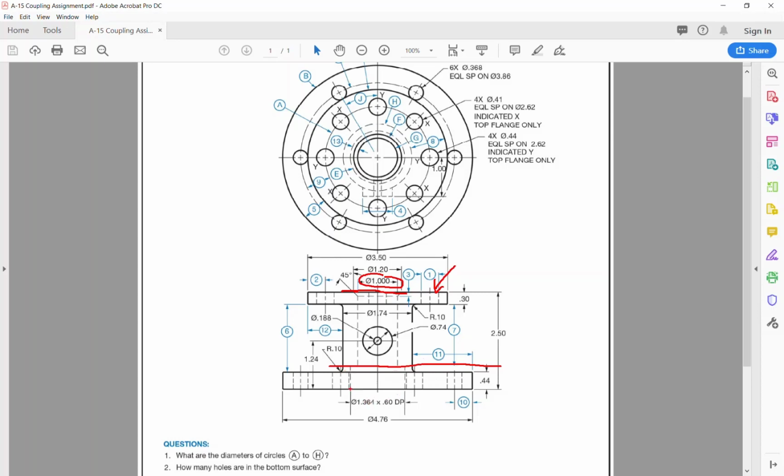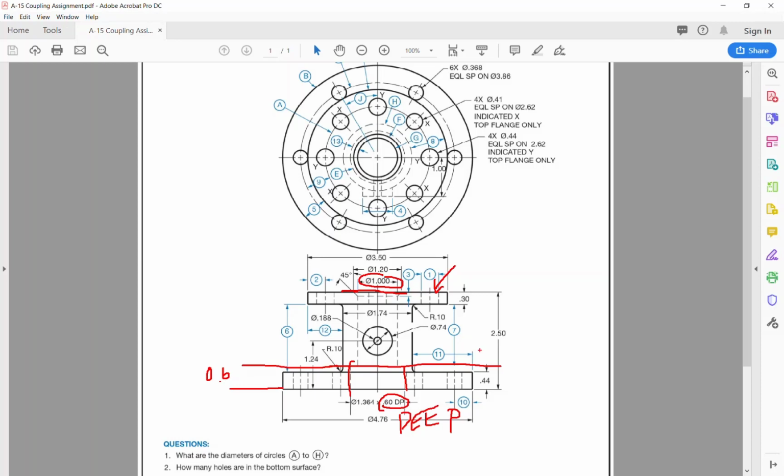If you look at this bottom hole here, it's 1.364 in diameter, and there's a little telltale here where they tell you it's by 0.60, and DP stands for deep. So this is 0.6 deep. That means that this dimension here is 0.6.